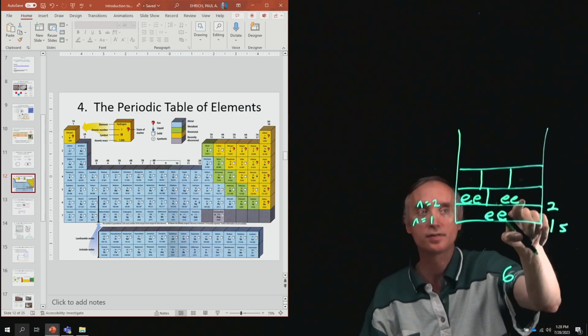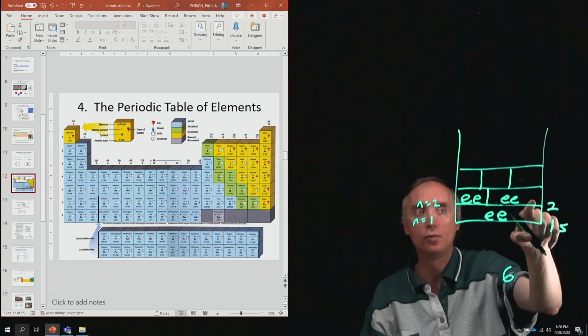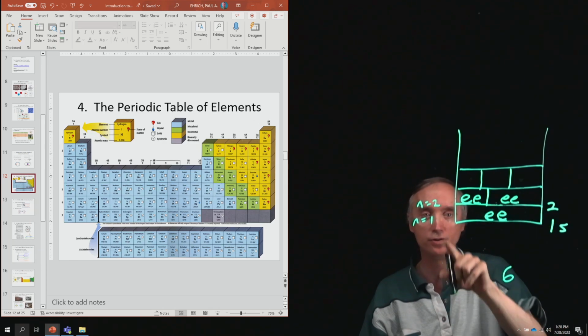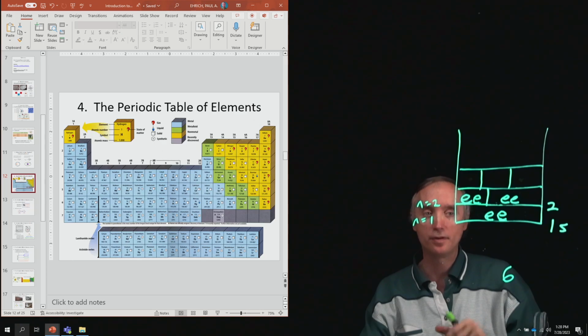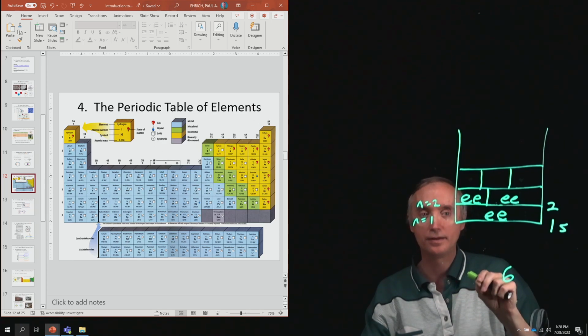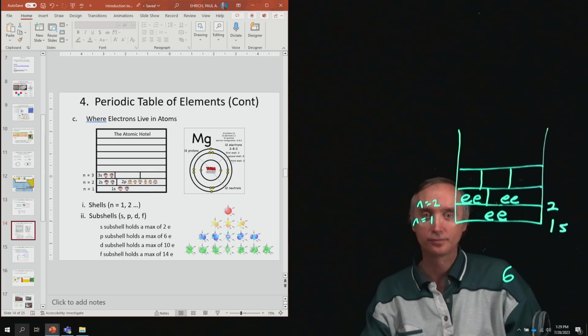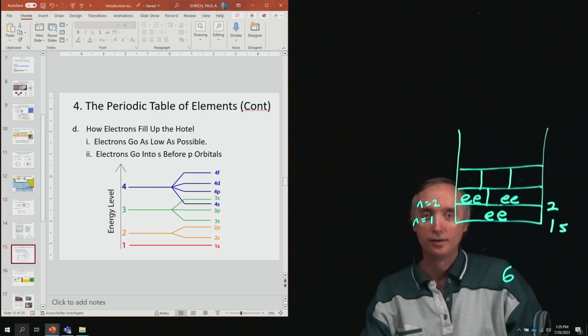And you can still see it's got room for 4 more electrons on this floor. And so you can find carbon, C, on the periodic table. Now there is a method to this madness. So I'll explain to you why all of this is important here in just a moment.